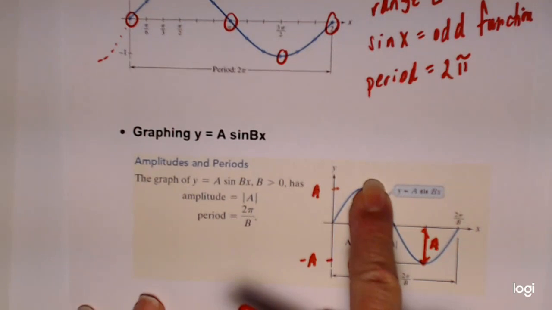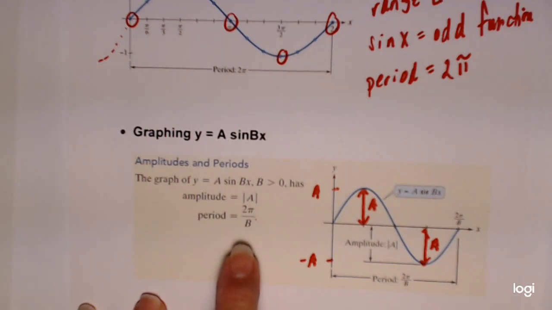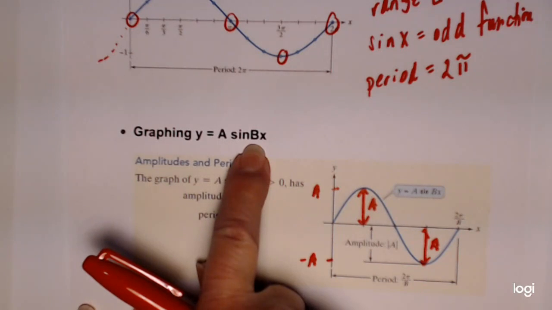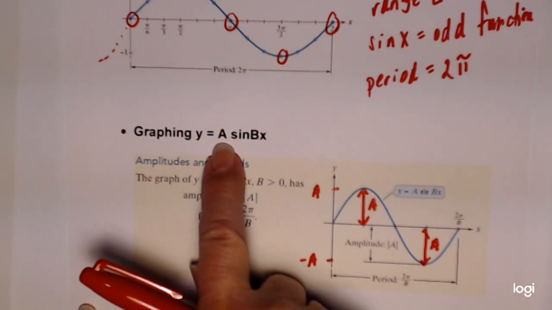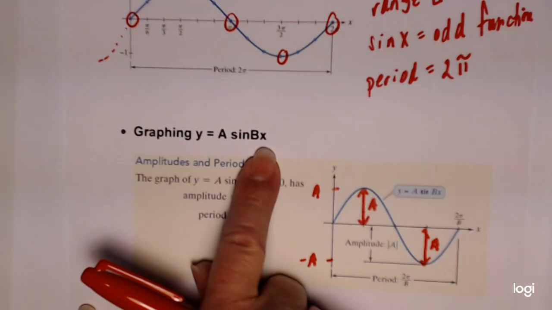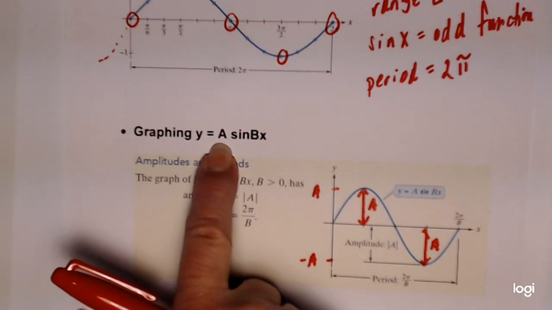Period is defined as 2 pi over b. So for sine, we're going to be able to find the period by taking 2 pi and dividing it by whatever information is in front of the x here. Now, remember from pre-calc, these A and B represent vertical and horizontal stretches and shifts. This A, which is out in front, would be a vertical change, which you're going to see.